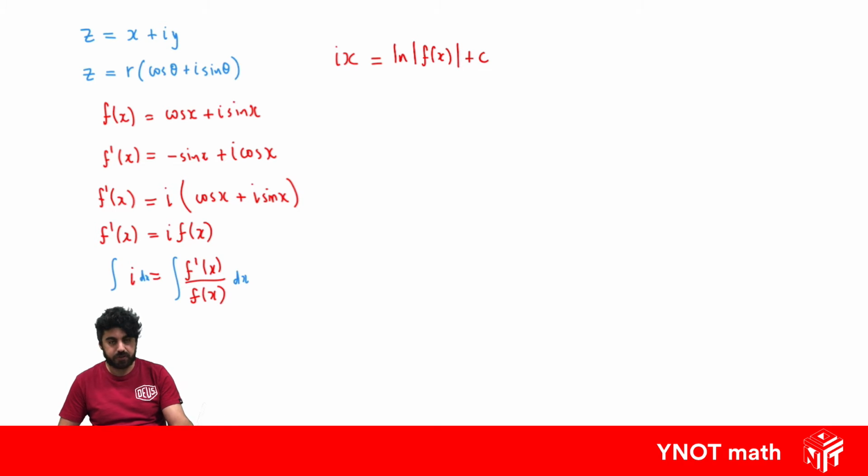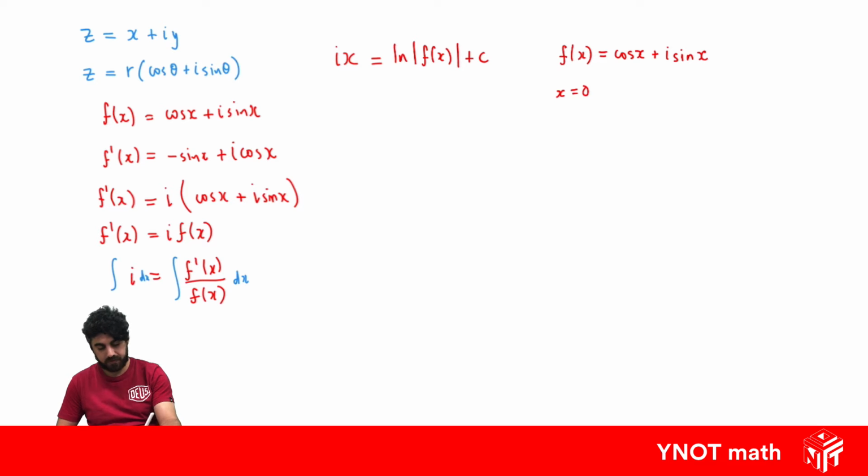Now to figure out this constant, we can go back to our original function, which is f of x equals cos x plus i sin x. And we can just sub in a value. So let's sub in x equals 0 and see what we get. So if we sub in 0, we're just finding f of 0, so we'll get cos 0 plus i sin 0. Sin 0 is 0, so that all goes, and cos 0 is 1.